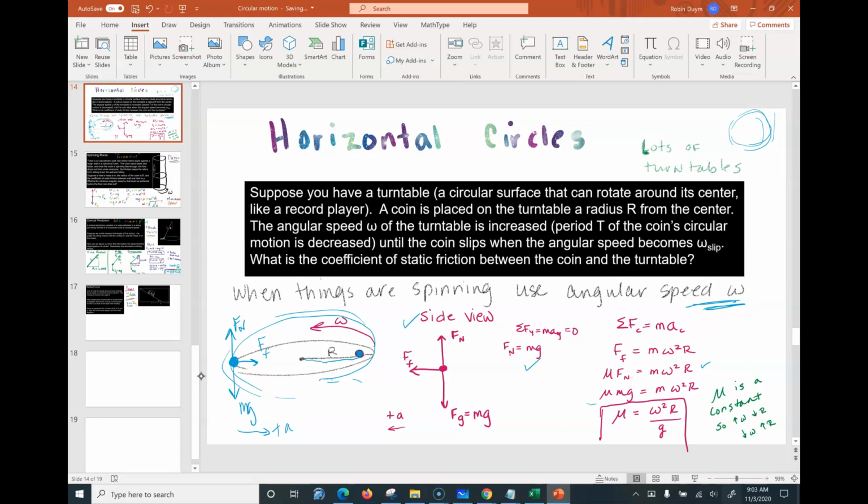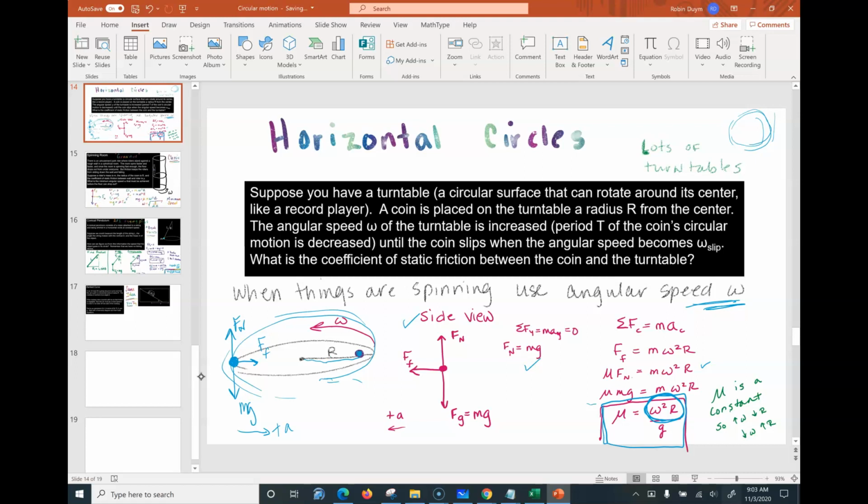All right, so what does this depend on? We want to look a little bit closer at it. Remember, mu is a constant, g is a constant. The only things that can vary are these two. So if you speed up your turntable and make it go faster and faster, that's going to have a really big effect.